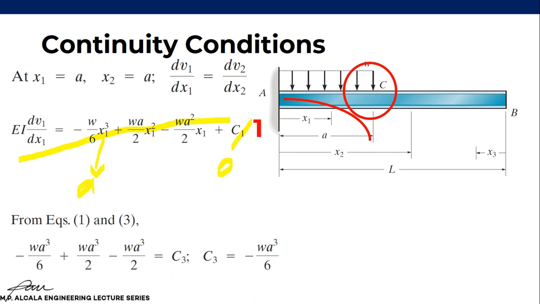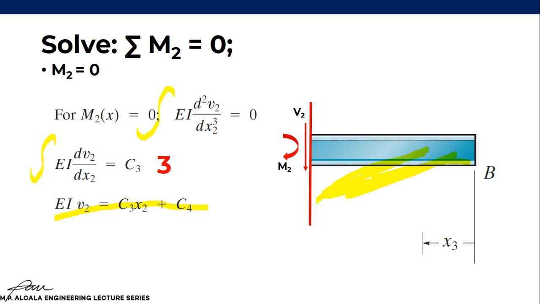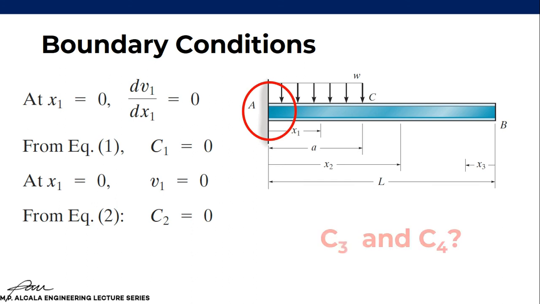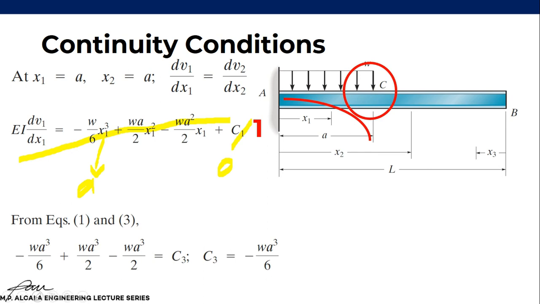What is C3? Let's go back so we can recall what is C3. So this is just your basic C3. Equation 1 is simply equivalent to equation 3. So that will be C3. Solving further, we are left with negative WA cubed over 6.